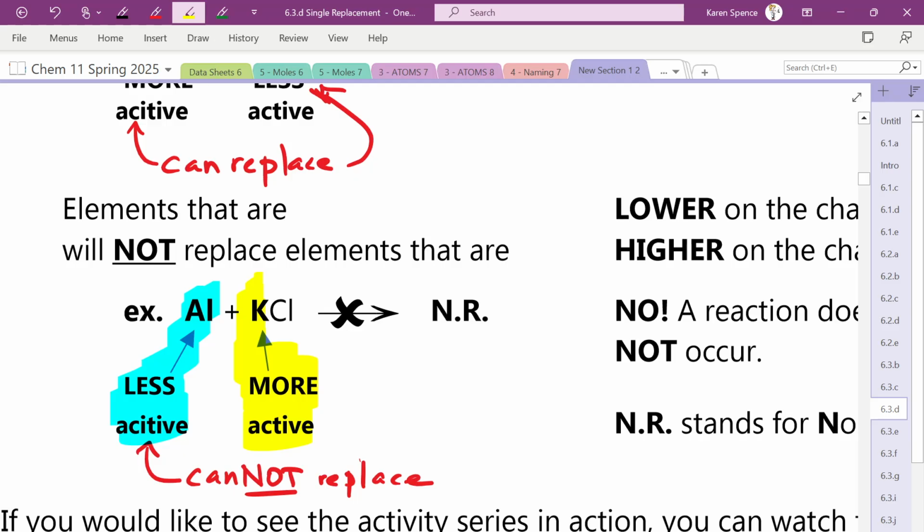So what does that mean? That means that if I have a beaker full of KCl solution, and I put aluminum in it, it just sits there and does nothing. So basically, we can write NR. NR simply means that there is no reaction. So you don't need to write the products. Don't write products, don't balance the reaction.